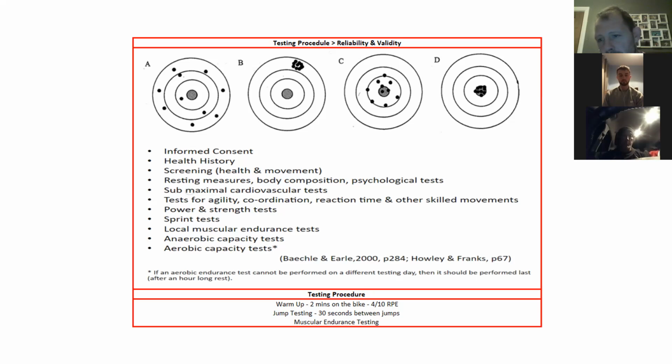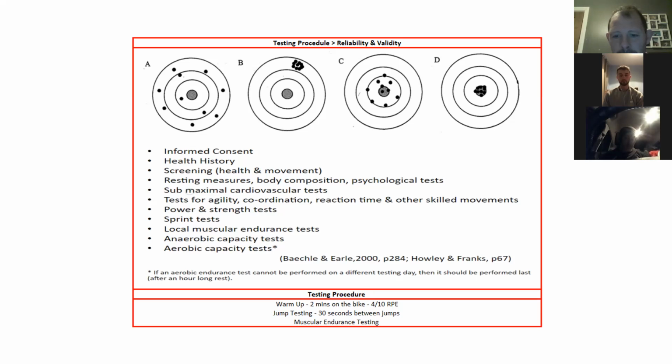Then you do your resting measures first, like body composition or handheld dynamometer grip testing. All your resting measures come first. Then you move into submaximal cardiovascular tests, then tests for agility, power, strength, sprints, local muscular endurance, and anaerobic capacity. That would be the sequence.